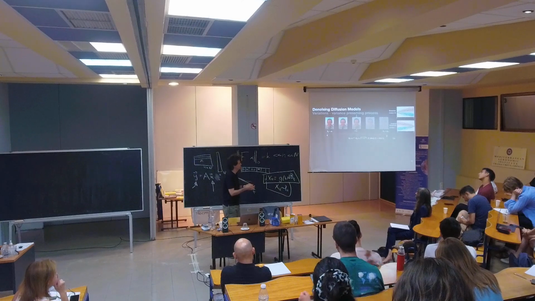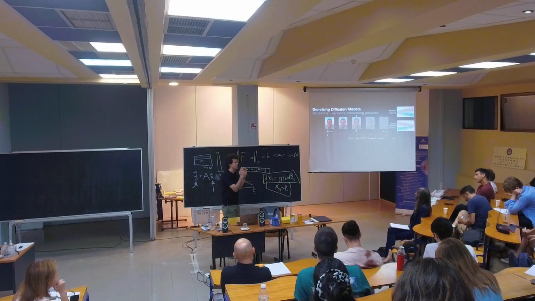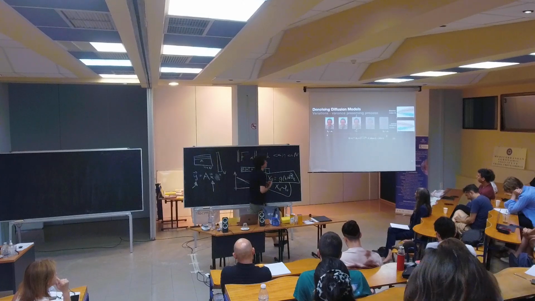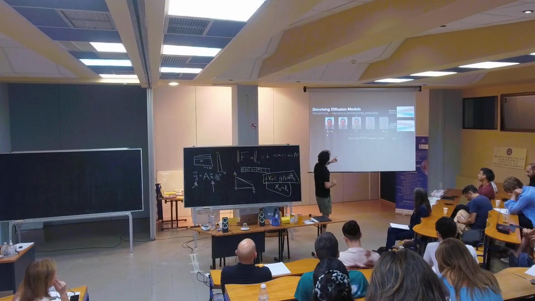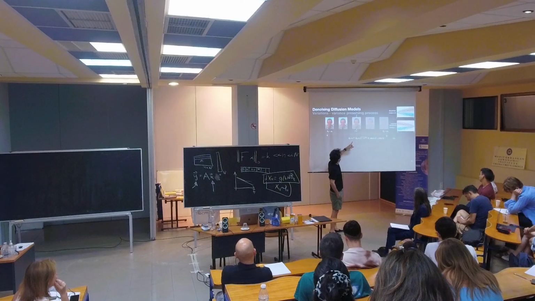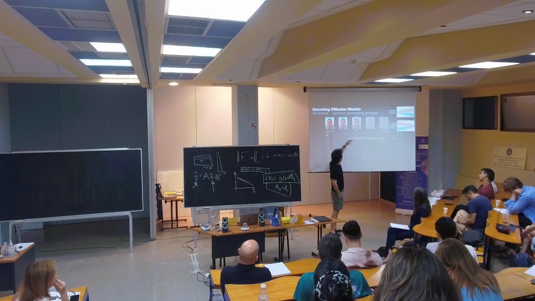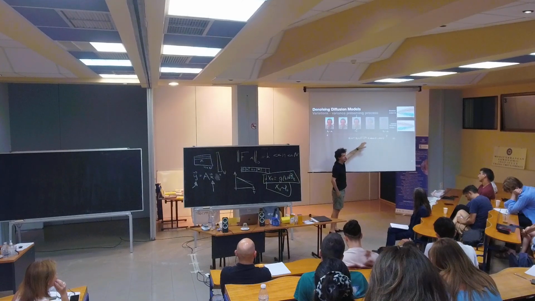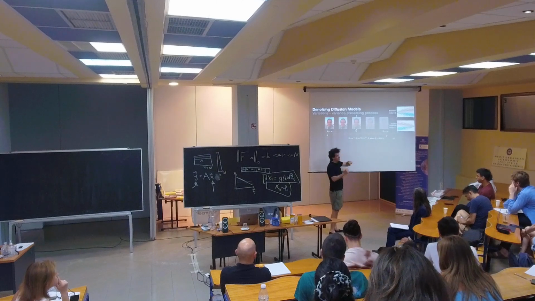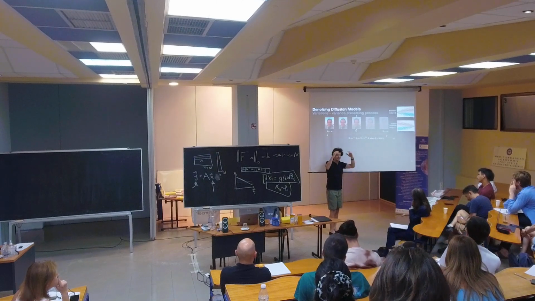Often in practice, people use the so-called variance preserving SDE, which is this one. This one mixes between the X_0 sample and the Gaussian sample with weights such that the total energy sums to 1.